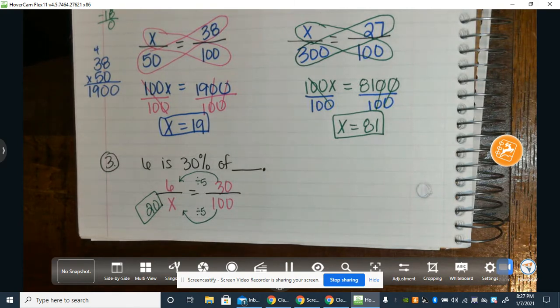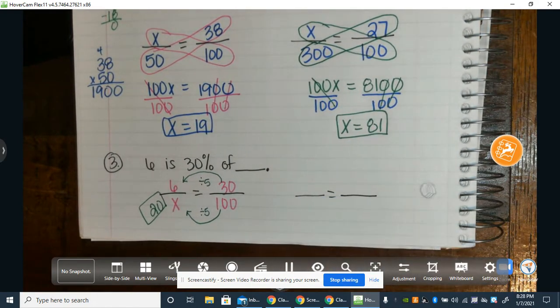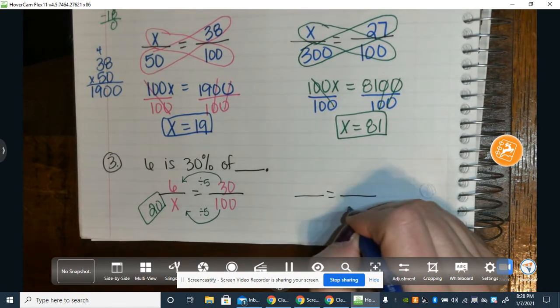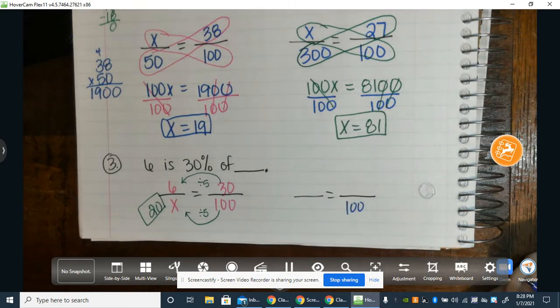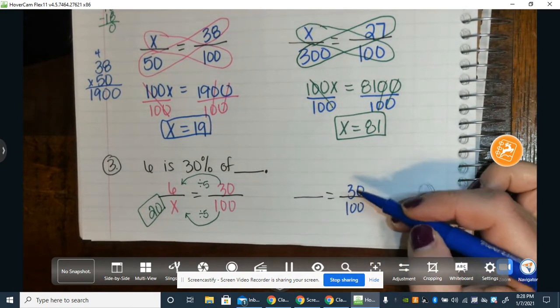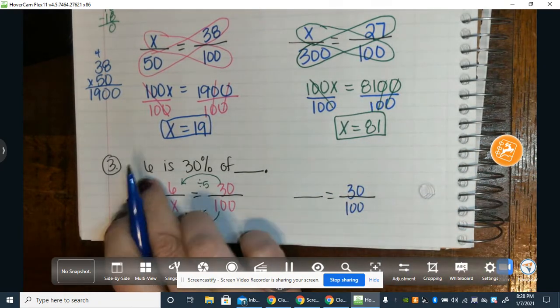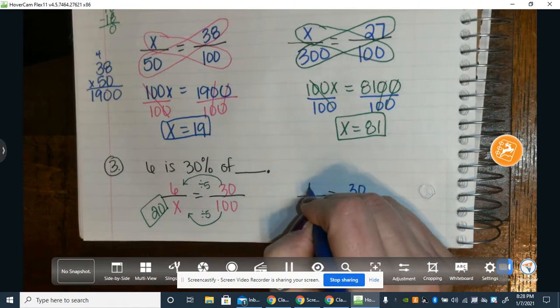Okay, let's do the other method of cross multiply and divide, see if we still get the same answer. Again, I'm setting it up the exact same way. So that would be 100 at the bottom right, and then 30 is going to go above it because 30 is your percent. Okay, 6 is your part, so it's going to go up here.